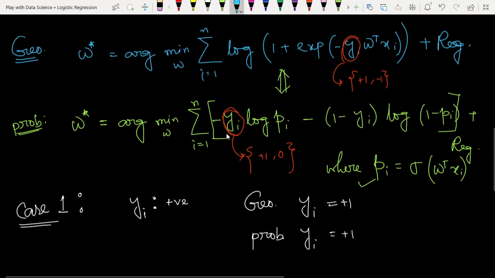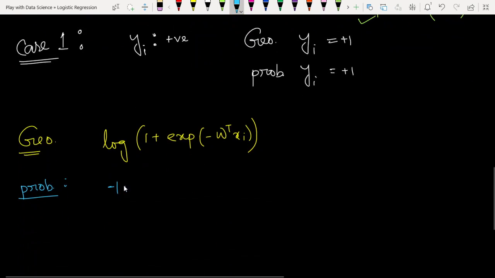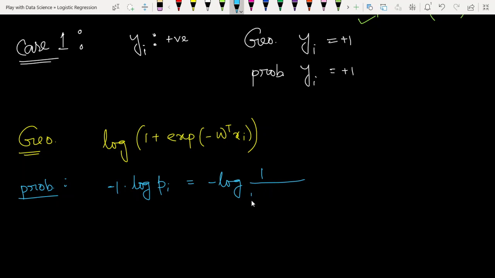into yi, this is equal to 1, log of pi. So pi means what? Log of pi. This equals minus log of pi, which means 1 by 1 plus exponential of minus w transpose xi.